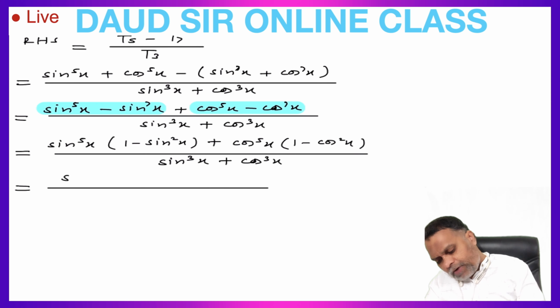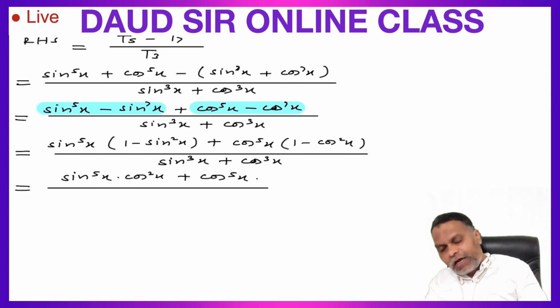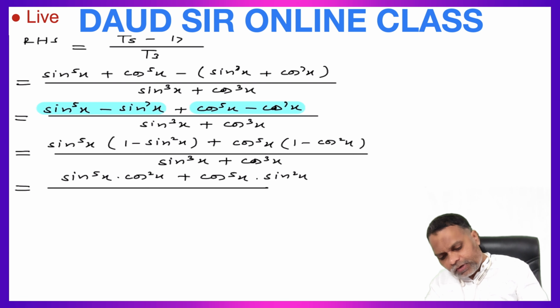This sin raised to the power 5x as it is. 1 minus sin square x can be written as cos square x, plus cos raised to the power 5x, and 1 minus cos square x can be written as sin square x, upon sin cube x plus cos cube x.